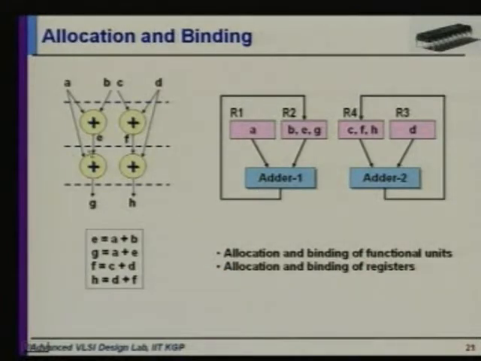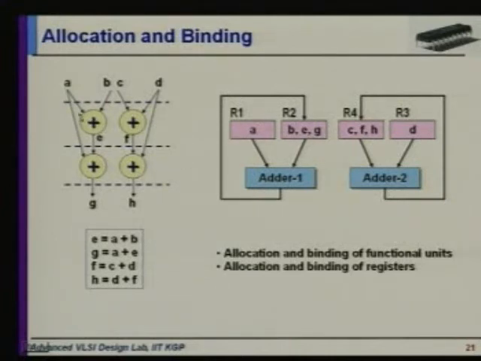In this one, as you can see, this shows a typical allocation and binding. We have decided that we will do this with 2 adders, adder 1 and adder 2. We are going to allocate these 2 additions to this adder and these 2 additions to this adder. Then we will work with 4 registers.